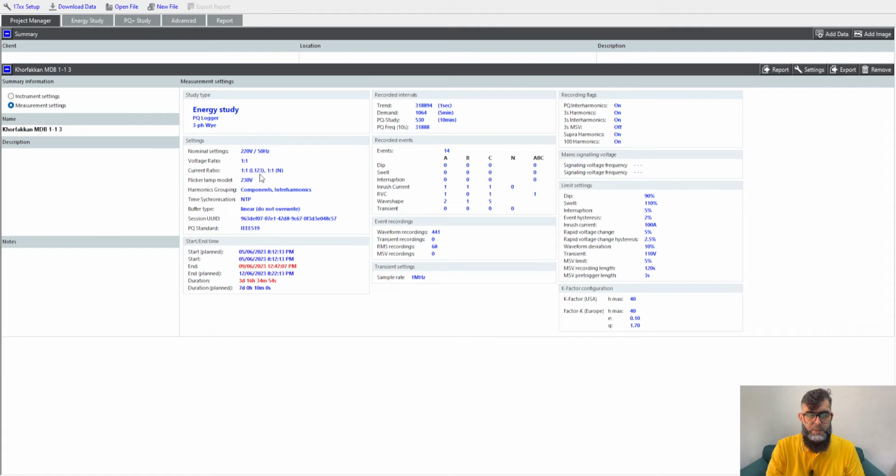I was using 6000 amp flexi clamps, and let's go to the dips and swells. The dips were set at 90%, the swells were set at 110%. And I was recording power quality harmonics, 3-second harmonics, 3-second interharmonics, supra harmonics, and 100 harmonics.